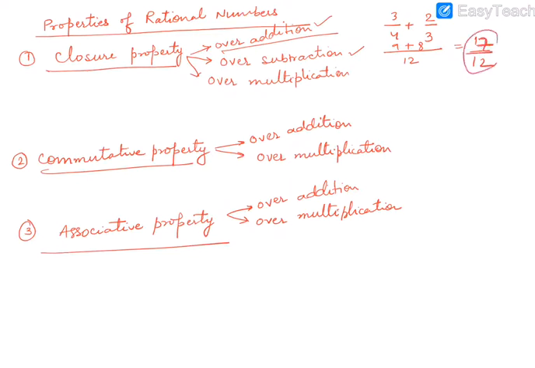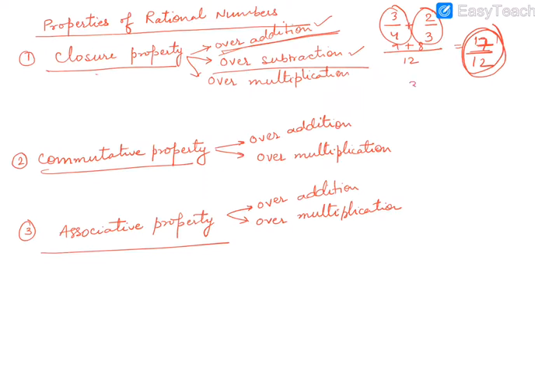So you can see that I have added 2 rational numbers, and the answer is again a rational number. So this is known as closure property over addition. When we add 2 rational numbers, we always get a rational number. Over subtraction, when we subtract 2 or more rational numbers, we always get a rational number.